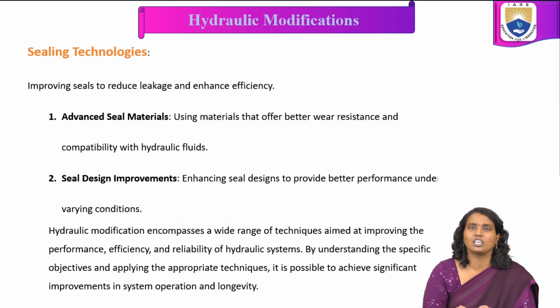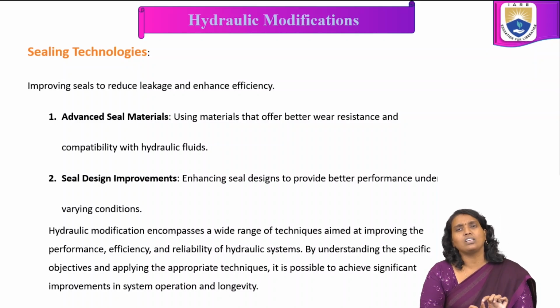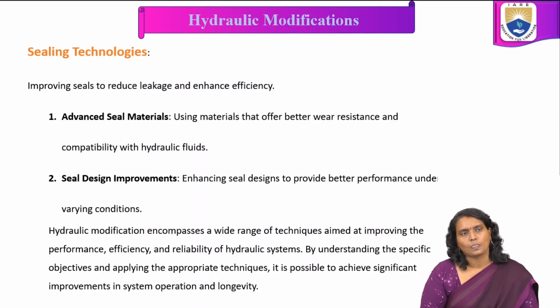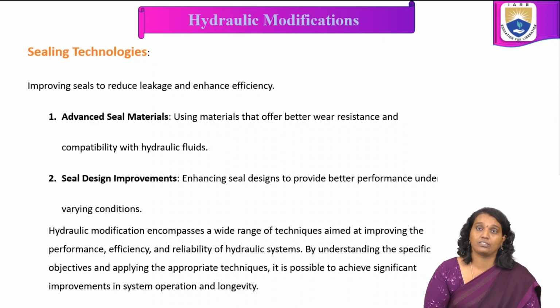Then sealing techniques: improving seals to reduce leakage and enhance efficiency. In advanced sealing materials, with so much variety of chemicals and combinations of various fluids, it depends upon which type of leakage it is, which is also one of the things we have to understand in these sealing technologies. The leakage depends upon which type of parameter, and based on that it is going to occur.